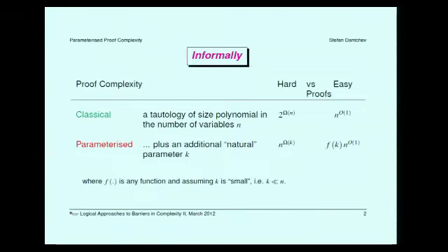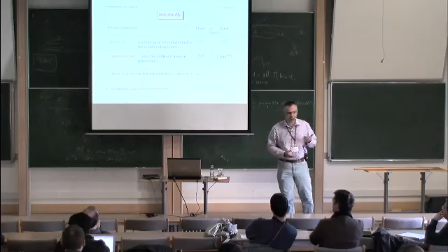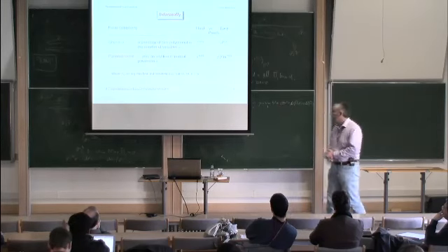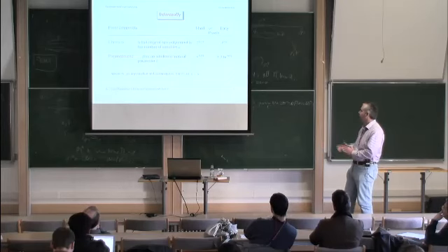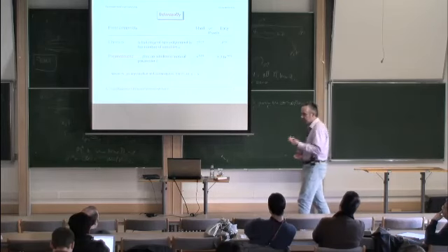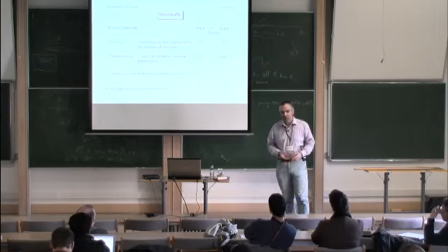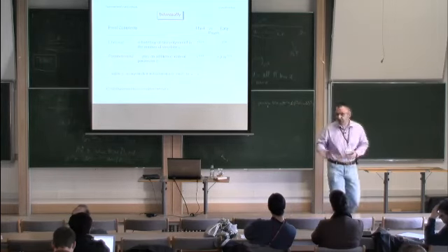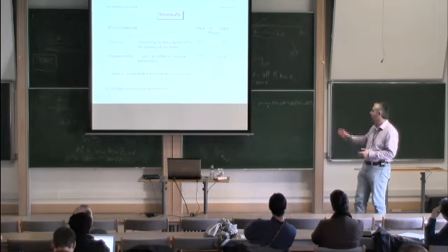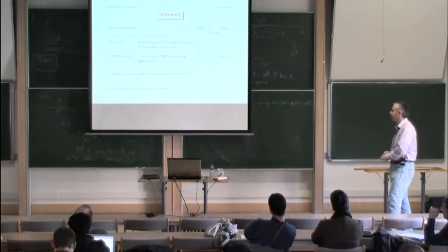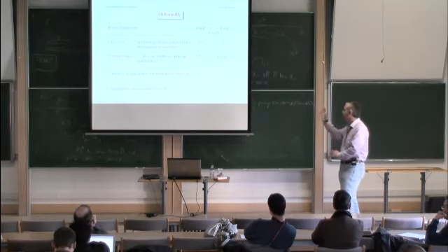We want to prove certain propositional tautologies, and well, as Nicola pointed out, it's not always the case that the number of variables is the right measure, as the size of the tautology that we want to prove may be exponential in the number of variables. But in what follows, I will always use the total number of variables as a measure, and I will usually call this n.